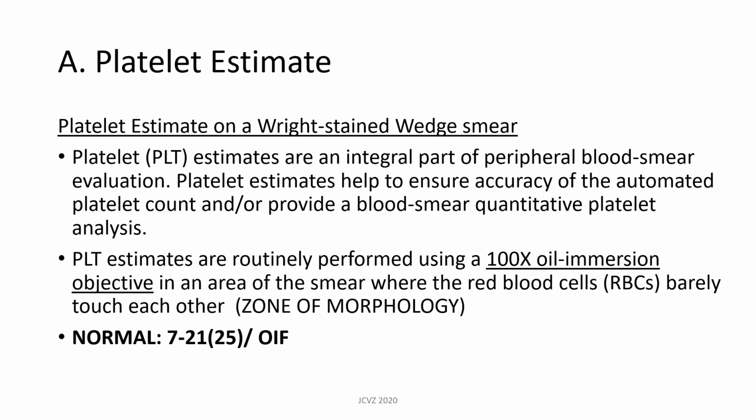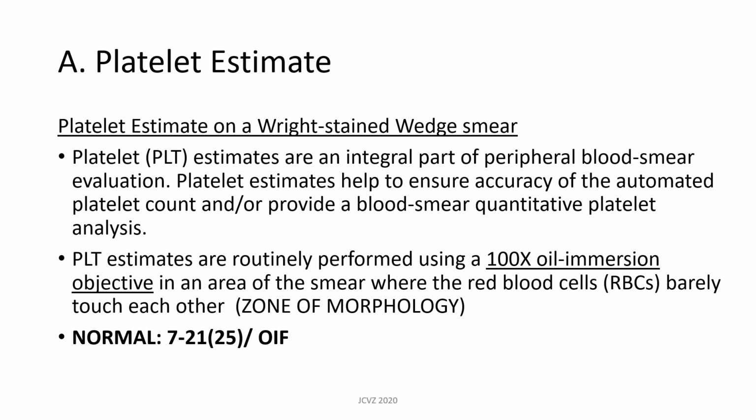When your machine registers a very high or a very low platelet count, that's the time you have to perform your platelet estimate. If you want to confirm if really the platelet count of the patient is really high or really low, this is one way of confirming it by doing your platelet estimate.